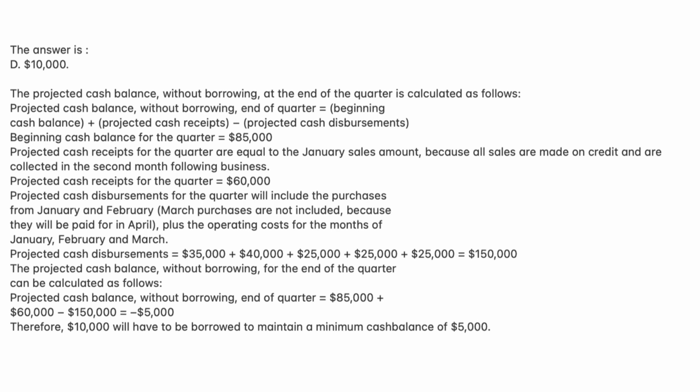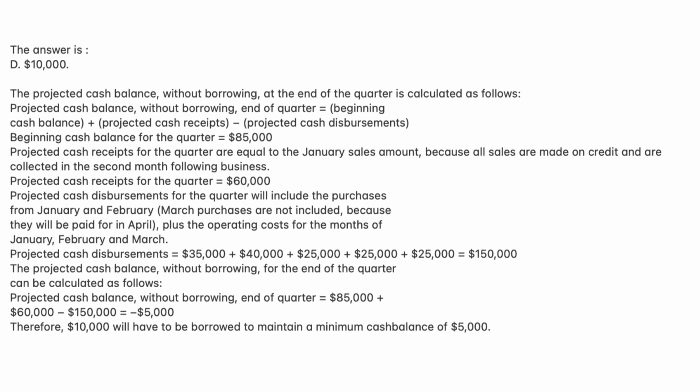Beginning cash balance for the quarter equals $85,000. Projected cash receipts for the quarter are equal to the January sales amount, because all sales are made on credit and are collected in the second month following the sale. Projected cash receipts for the quarter equals $60,000.